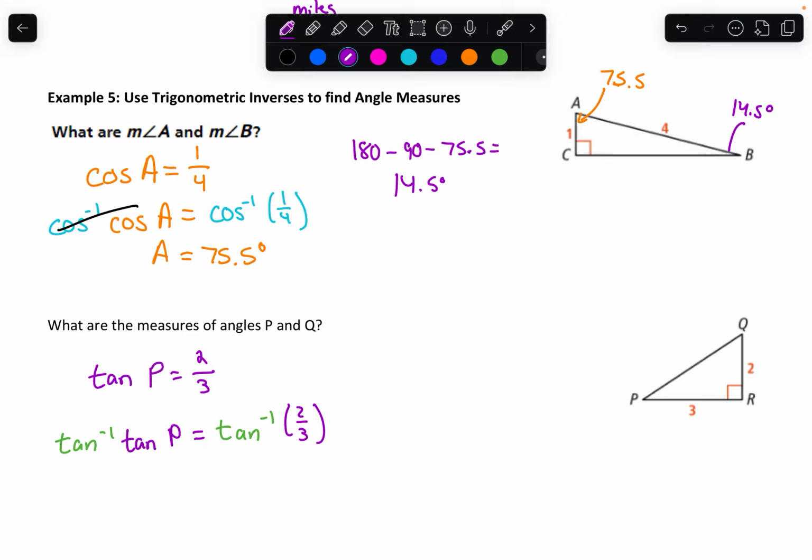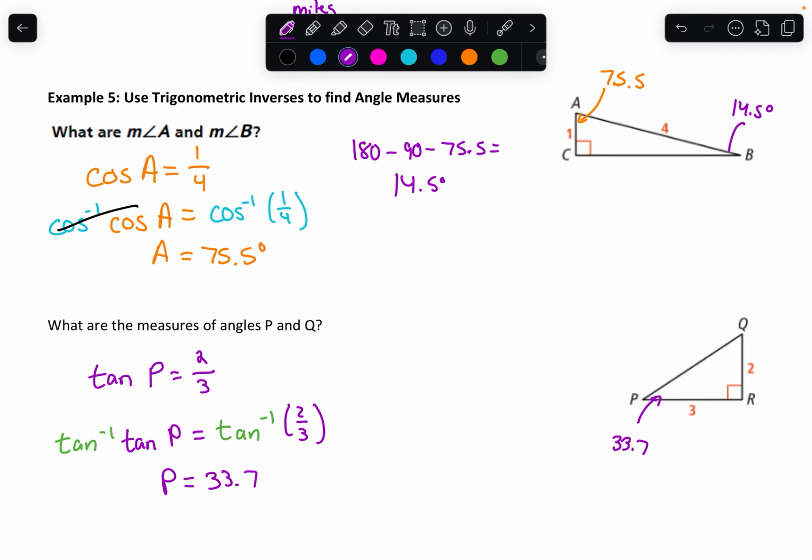So on the left, inverse tangent of tangent cancels itself out, and I'm left with angle P. On the right, I can just put that in my calculator and say that the inverse tangent of 2/3 is 33.7. So angle P is 33.7 degrees.